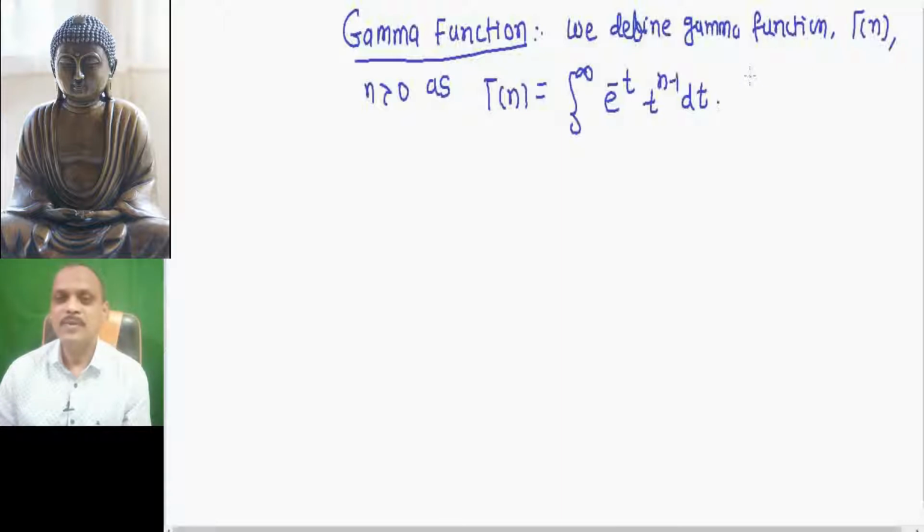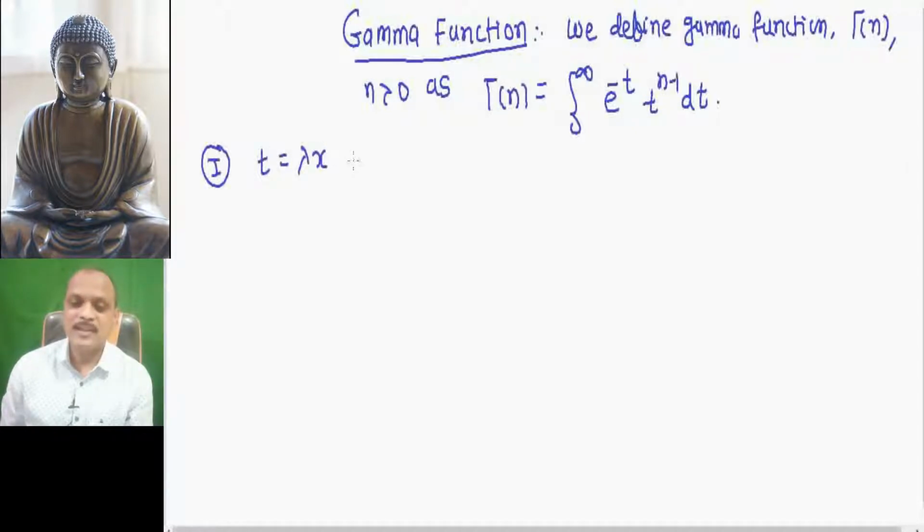Now here we will see what happens to this integral if we put different values in it. Suppose first we replace t by lambda x.